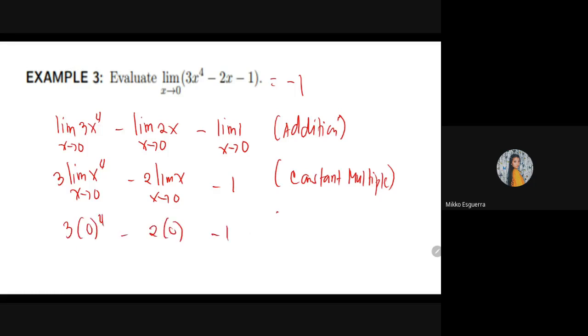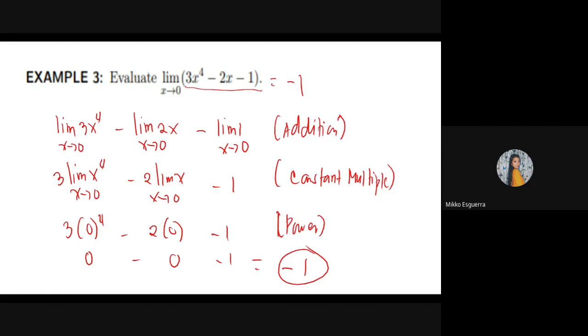This is the power. This is 0 minus 0 minus 1. So the limit that we are looking for is -1. Again, you can directly substitute 0 in the given function. The answer there is -1, but I want you to practice using the theorem, because later on, we are not going to use the theorem anymore because you know the explanation behind. Clear?